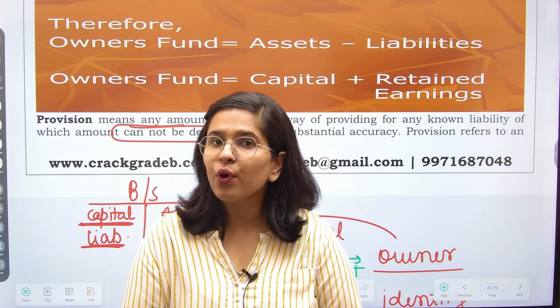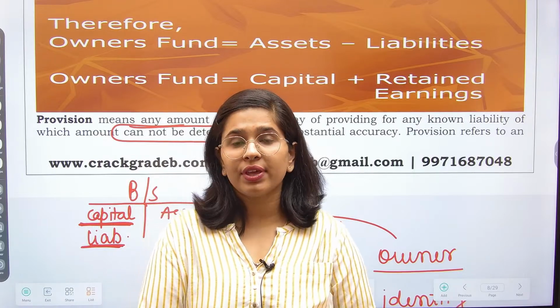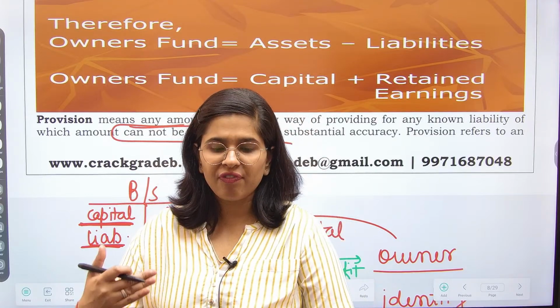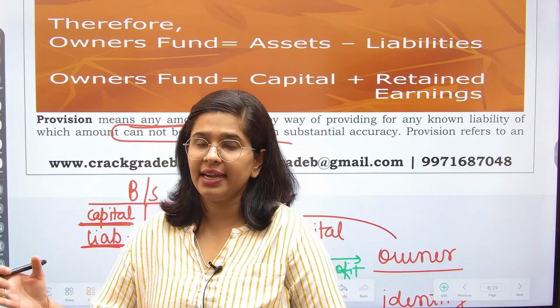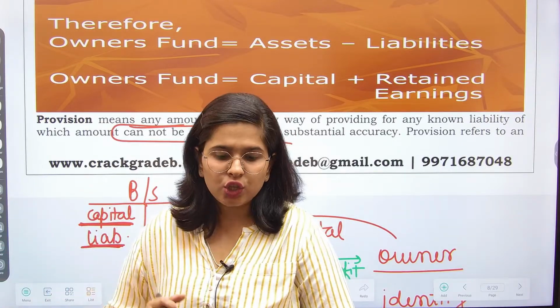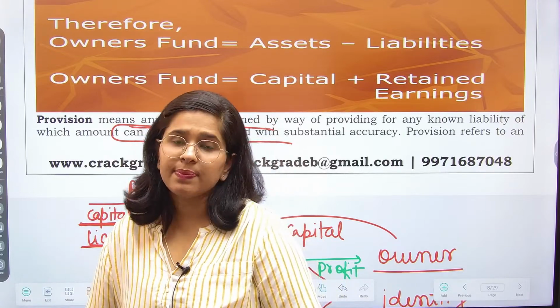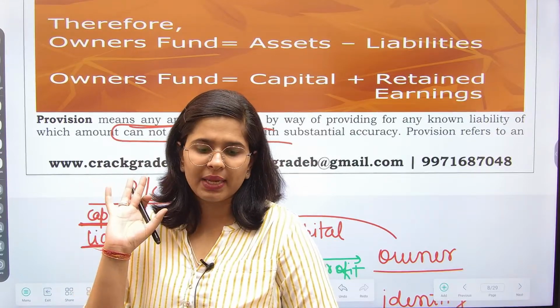This is the same provision your banks also make. Banks have given loans, and the bank understands on the basis of an estimate that this much amount in every asset is going to be a loss. So they make a provision for it, right? So this is called provisioning. You 100% know that there is going to be a liability.